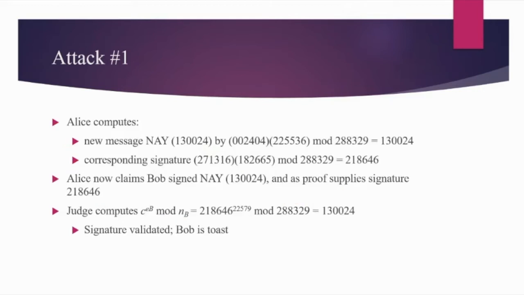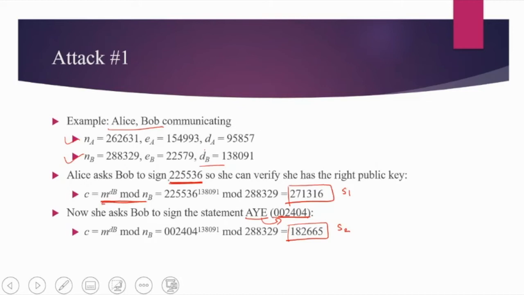Now Alice computes a new message, and the new message looks something like this. It is a product of the previous two messages. If you remember, the two messages signed by Bob are 225536 and 002404.